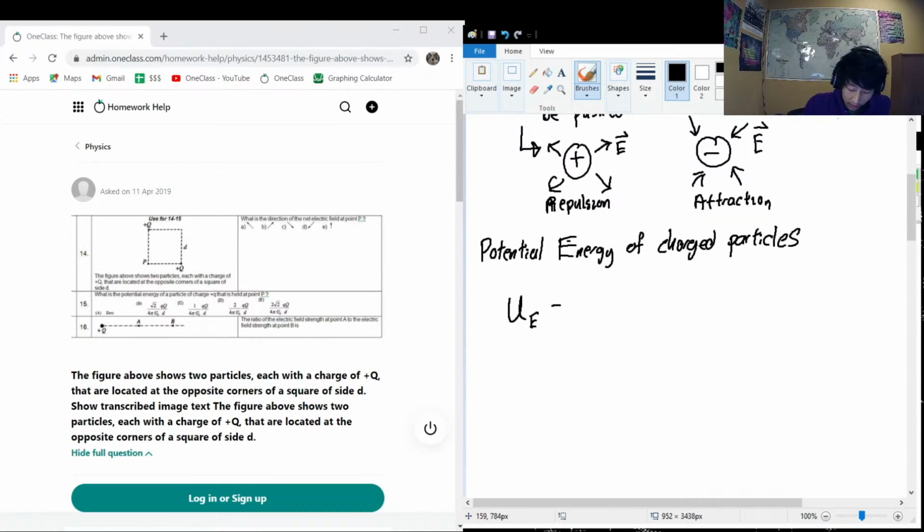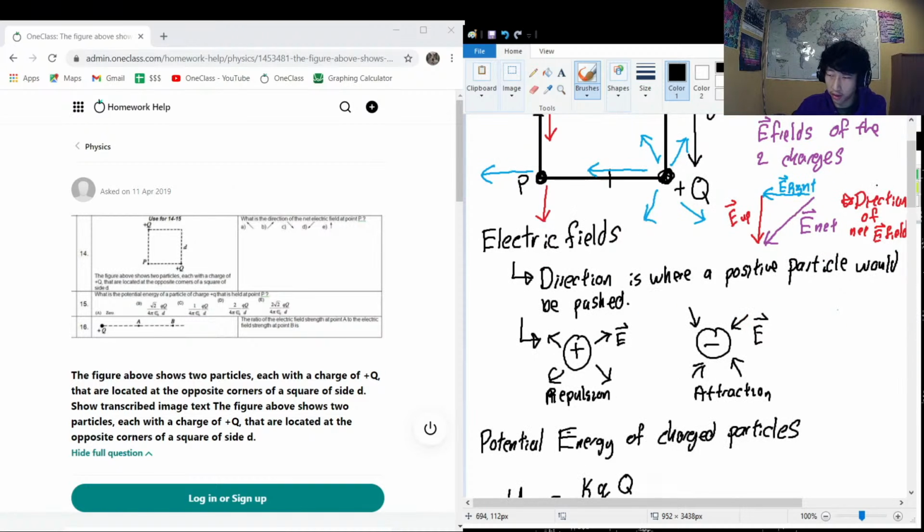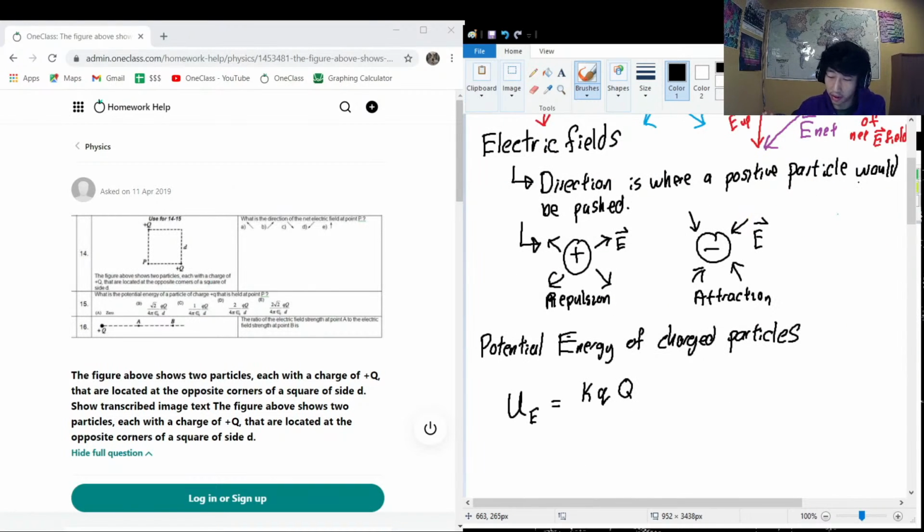So we would represent this as K, little q, big Q, just to specify that they are different charge values. The big Q is going to be associated with the top left and bottom right corners, and the little q is going to represent the hypothetical charge that we're going to put there, and this is all divided by d, which is the separation between them.